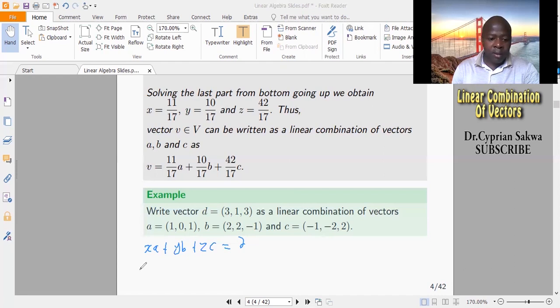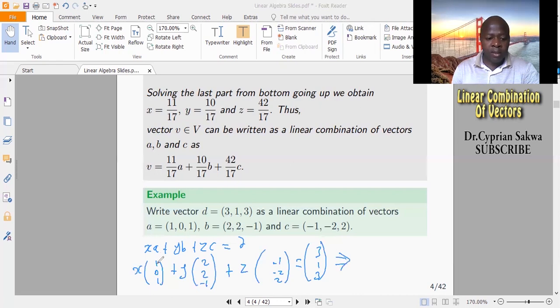So let's just do it. This is x times 1, 0, 1, plus y times 2, 2, negative 1, plus z times negative 1, negative 2, 2, equals 3, 1, 3. And then just expand this. Expanding this would be x plus 2y minus z equals 3.